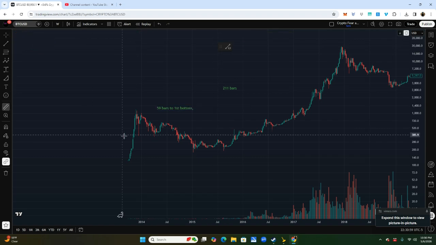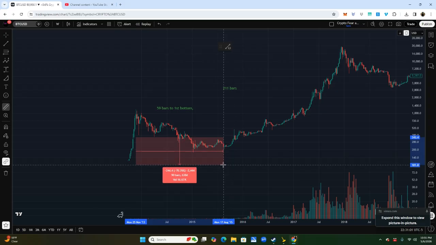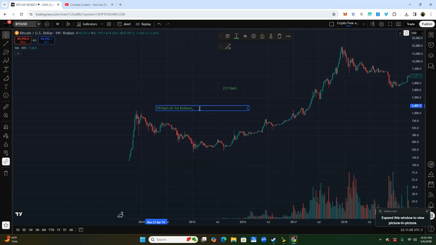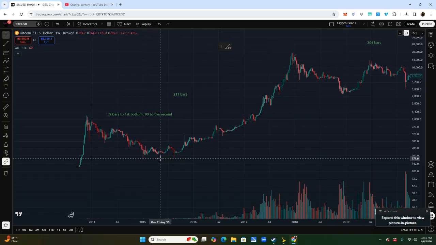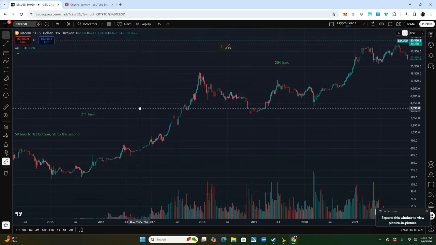And the second bottom here is 90 bars. 90 to the second. And that's probably the only one we're going to do, though we could do it on one of the other charts here.